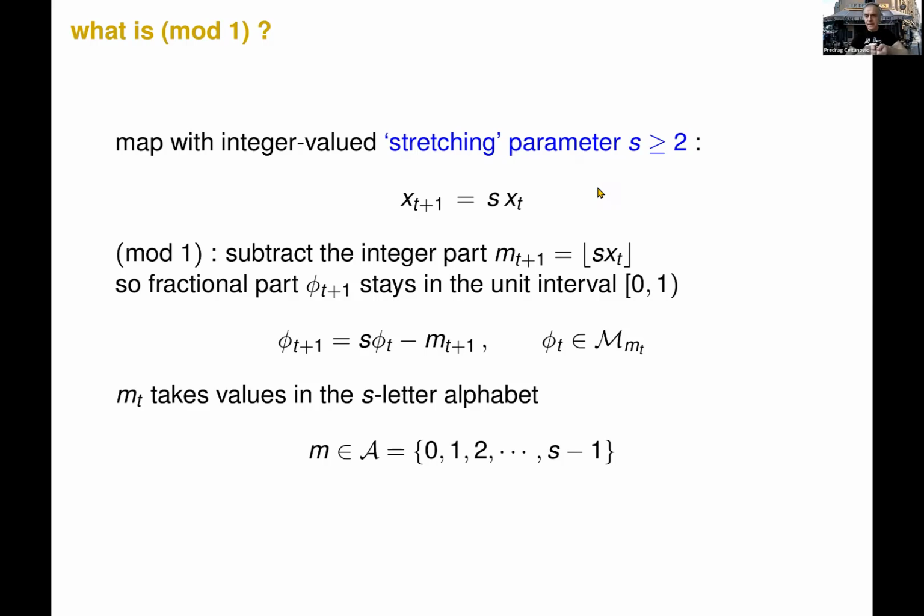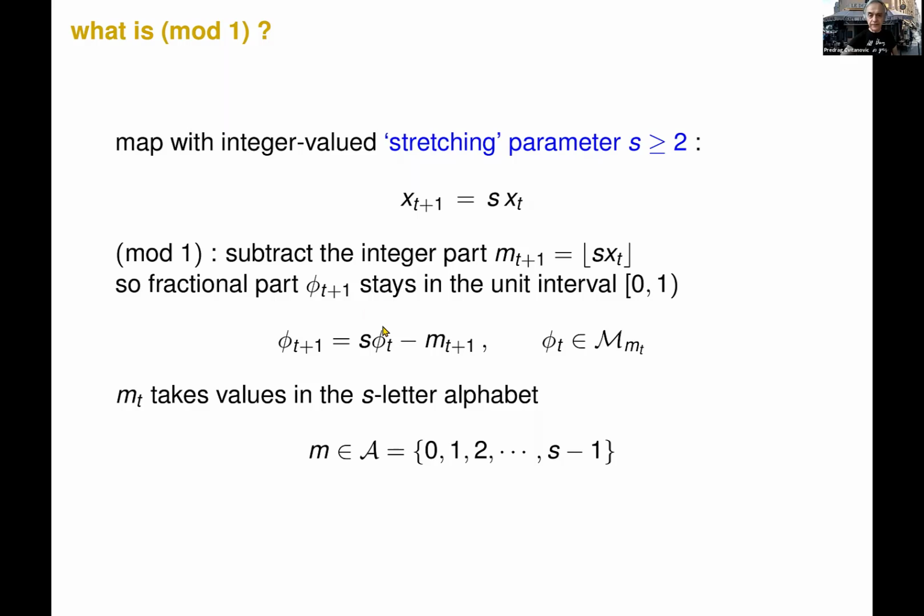Every time I repeat this, neighbors get separated by a factor of 2, or a factor of s. And then I construct the process that repeats itself, saying I don't want to run away. I have to be confined. So what I do is I subtract the integer part of the result. So I'm confined to the unit interval.